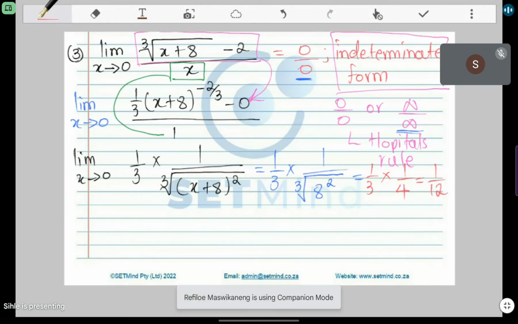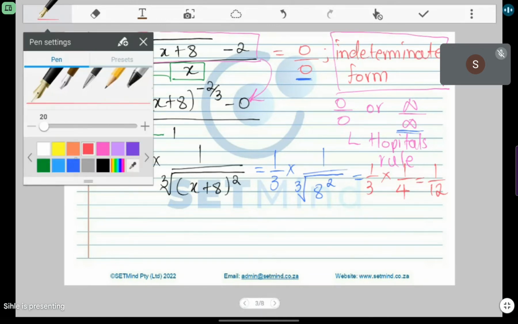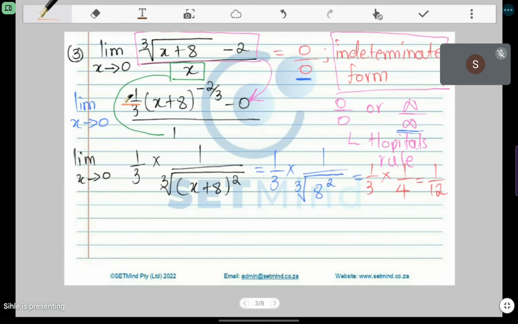I hope I didn't make any mistake. Is there anyone who has a question? Do we all agree that when you derive this, you are going to get what you see here?